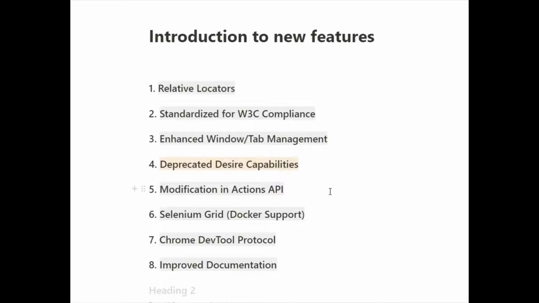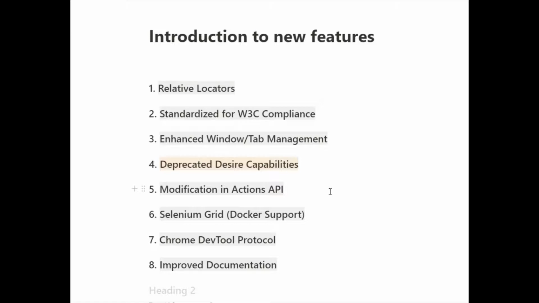Next, desired capabilities are deprecated in Selenium 4. Guys, if you're not aware of desired capabilities, they are basically used to create a session of a browser if you want to use some desired settings, for example that whenever your browser opens it should be in a certain resolution, or where a downloaded file should be saved at runtime. So it is used to create a desired session for a browser.